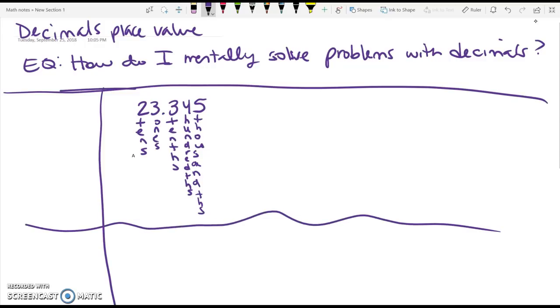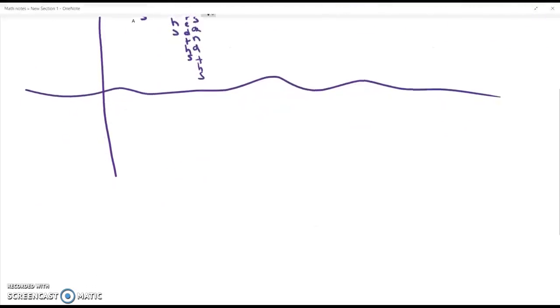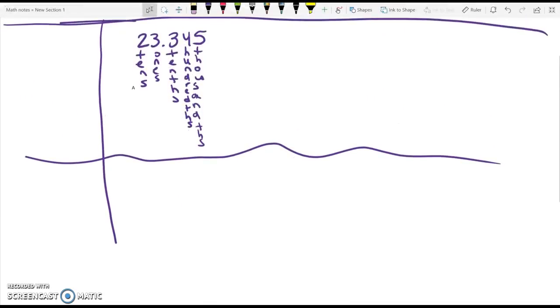All right, so those are your decimals, place values. Now, when you are multiplying or dividing with powers of 10, all you gotta do really is move that decimal. You're moving the decimal by tens.